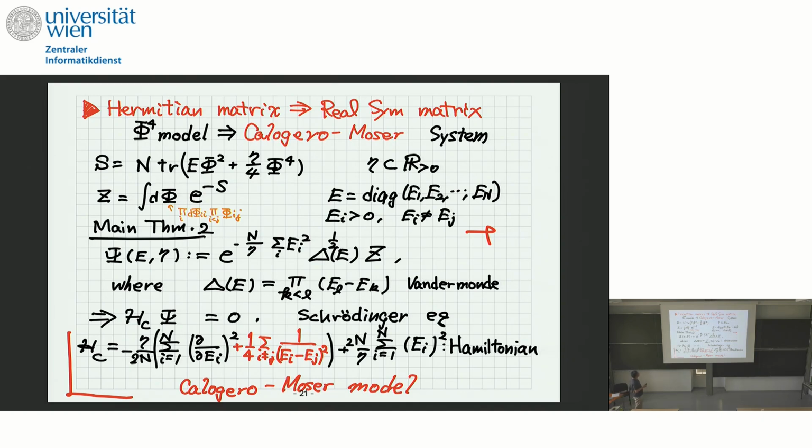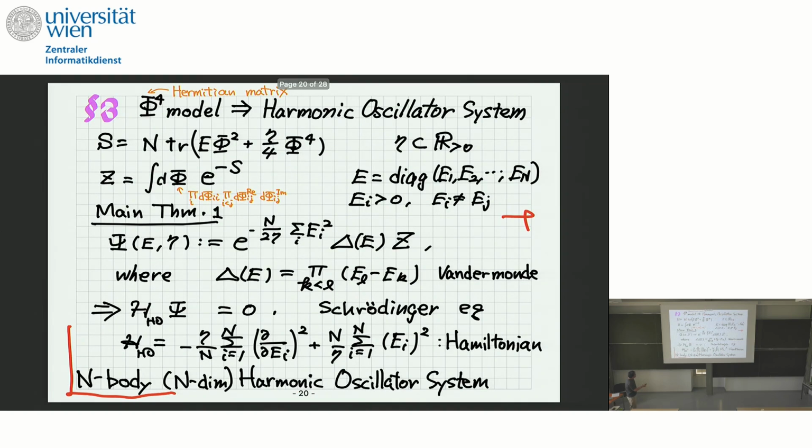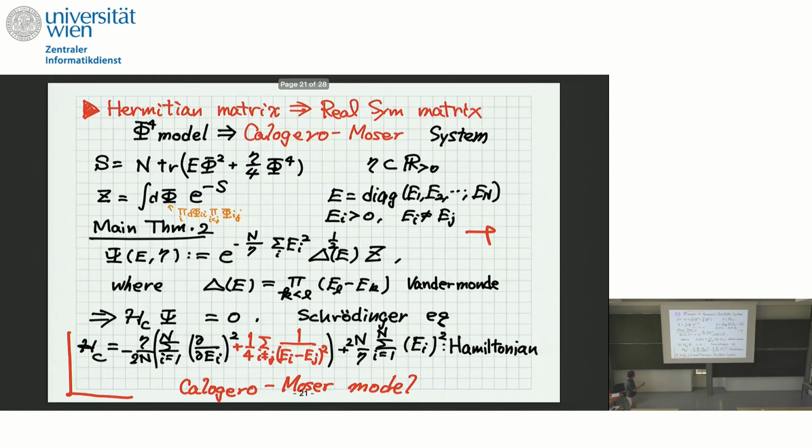If we replace the Hermitian matrix with a real symmetric matrix, then we obtain the Grosse-Wulkenhaar system. The only difference is a factor of one half or so, but the discussion is completely parallel. The difference is given by this term.